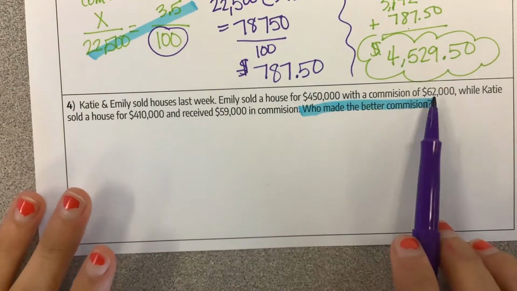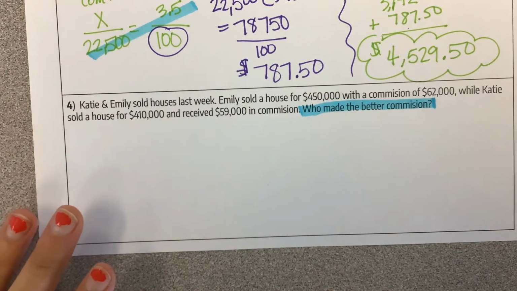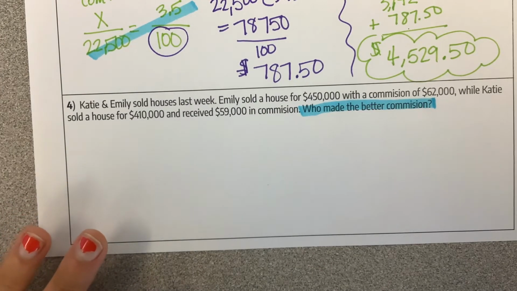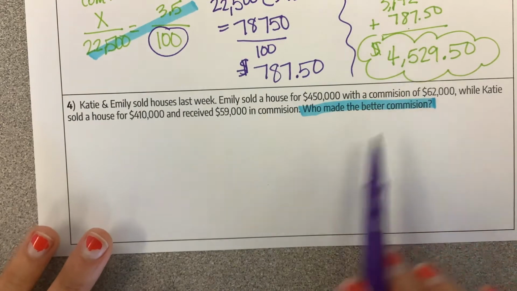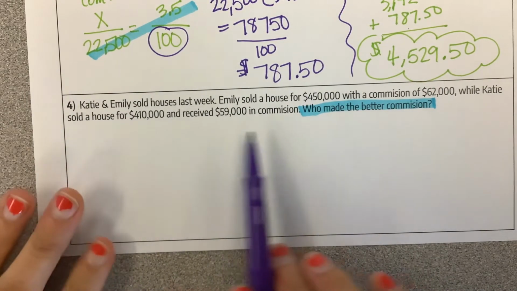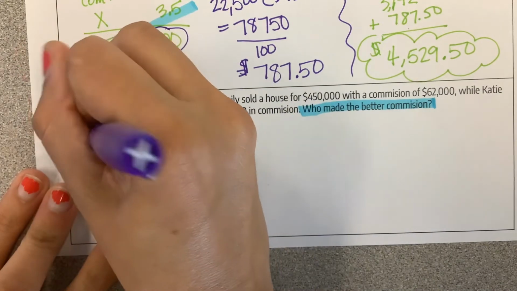That's easy. We look at it and say, Emily has $62,000. What we want to look at is, over time, they're going to be selling different house prices. So in this one instance, Emily made more, but who has the better rate that overall will give them a better dollar value in commissions?